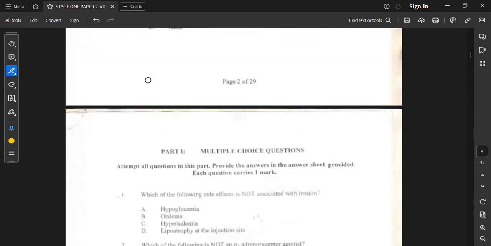For central diabetes insipidus, the origin is the brain, or rather the pituitary, meaning the pituitary is not producing the ADH, the vasopressin. However, for nephrogenic diabetes insipidus, the pituitary is doing its job, it's producing the ADH, but the kidneys are the ones that are not responding to the ADH.